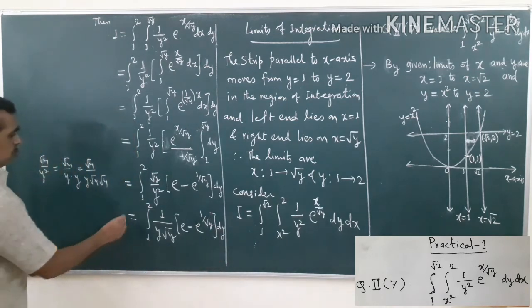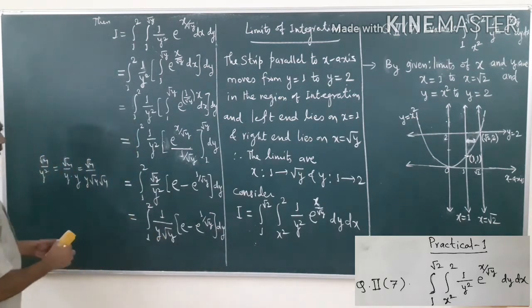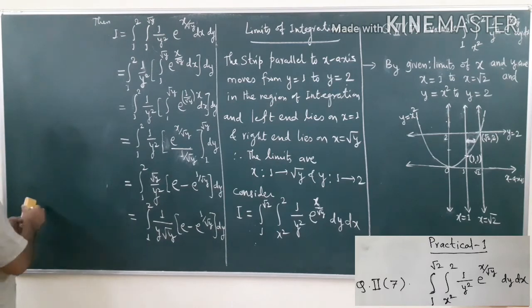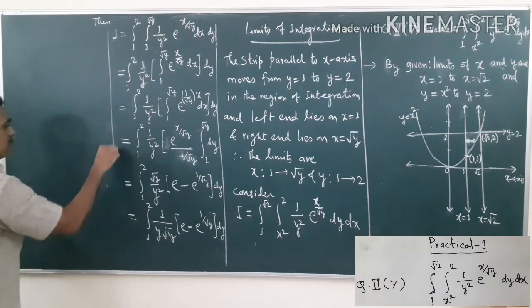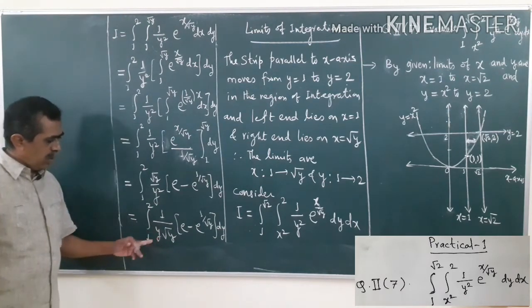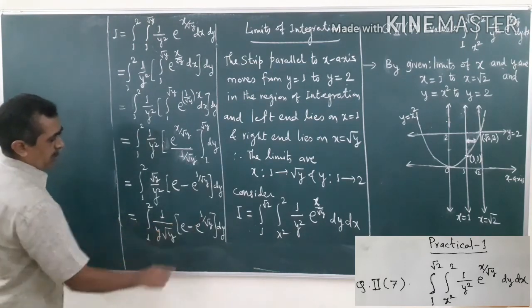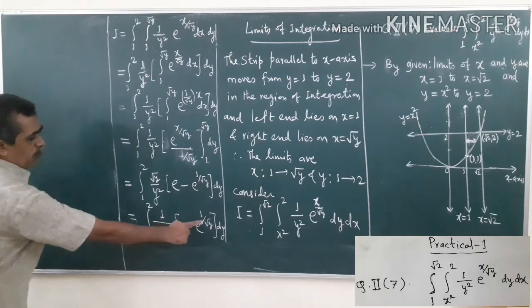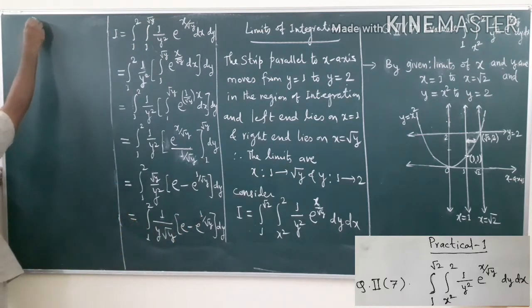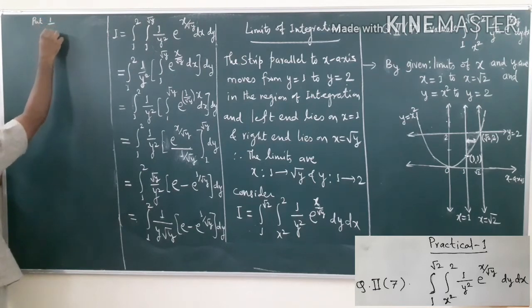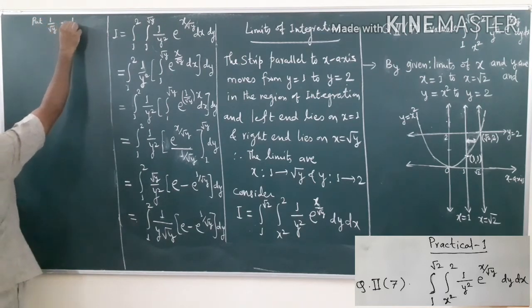So, now I want to evaluate this integral. To evaluate this integral, we will make a substitution of power of e. So, we put 1 upon root y is equal to t.